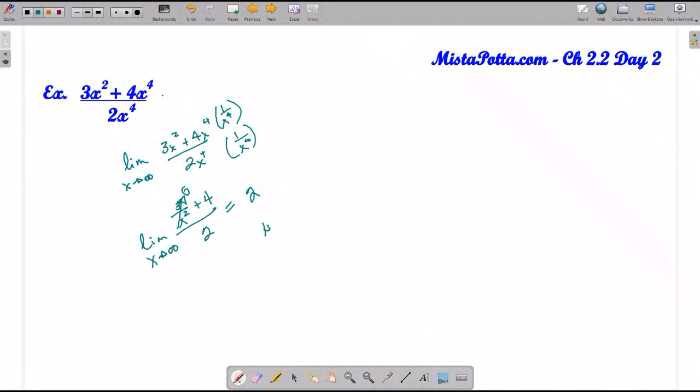And so I can say that I have a horizontal asymptote at y equals 2. And because these don't have any x's, I can consider the limit as x approaches negative infinity to be the same.